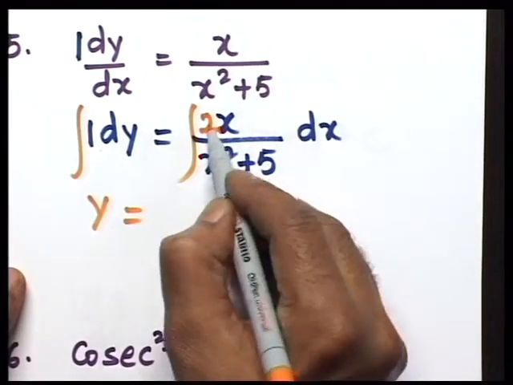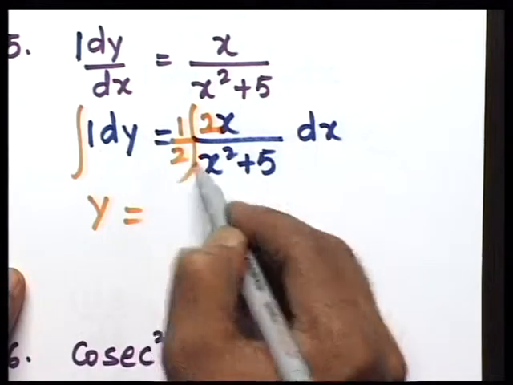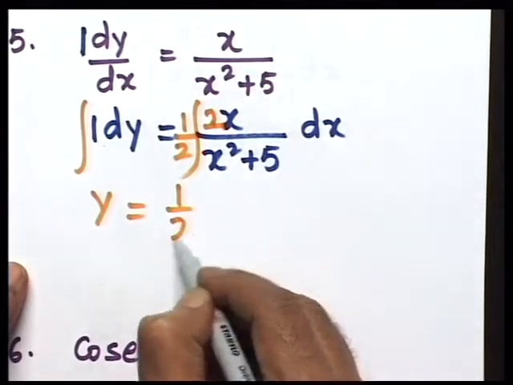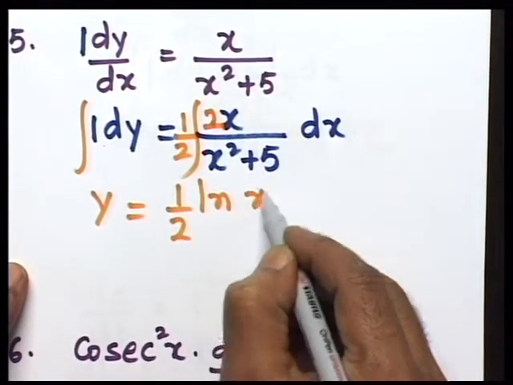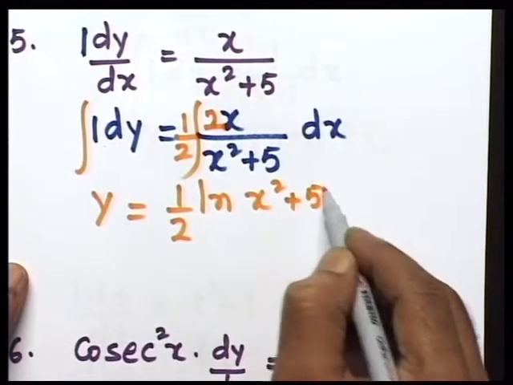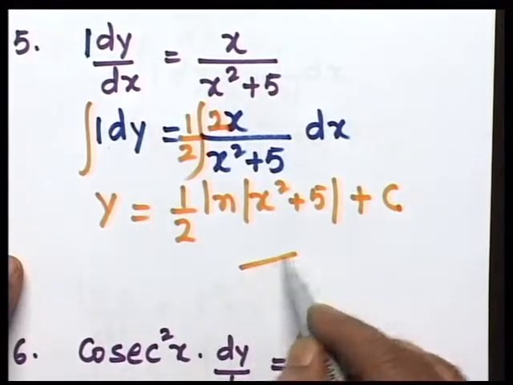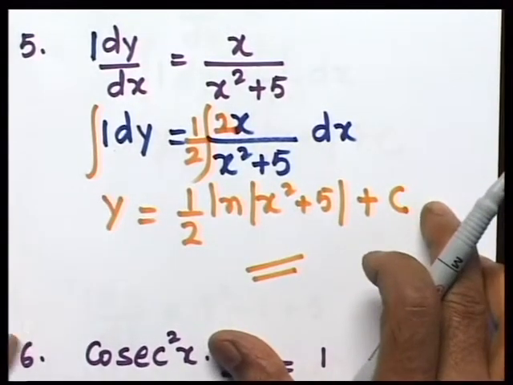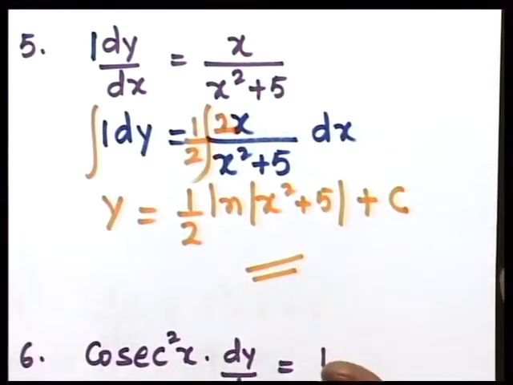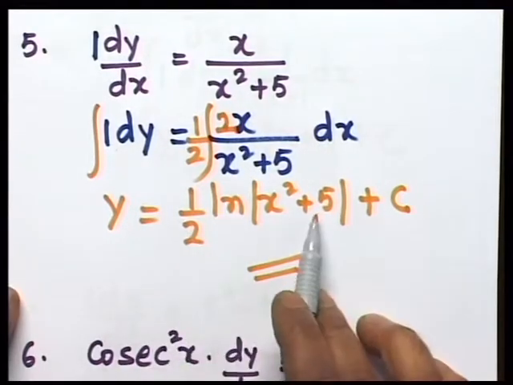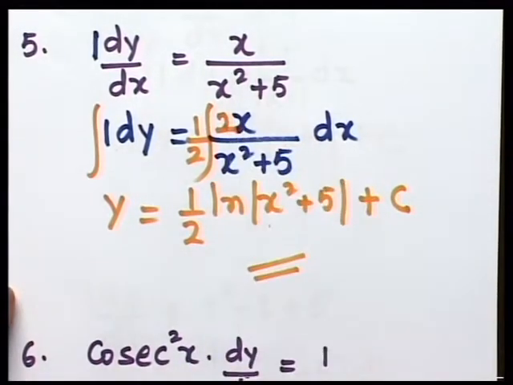Because we introduced a 2, we multiply by half. So the answer is now half natural log of x squared plus 5, right, and plus c. So that's how we leave the answer, first order differential equation, and this is the general solution of that.